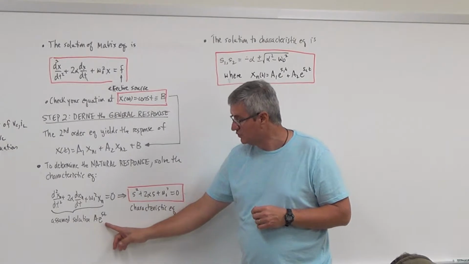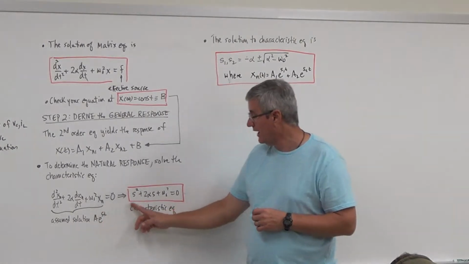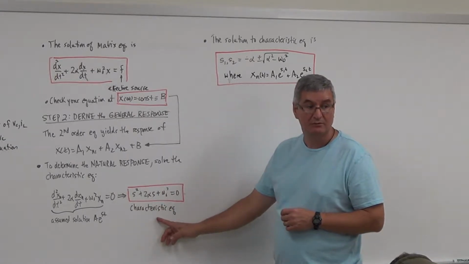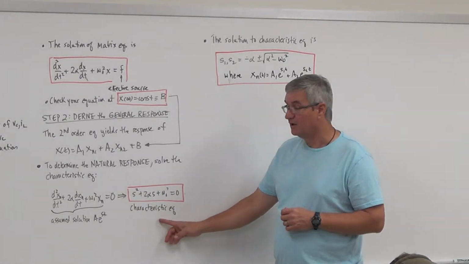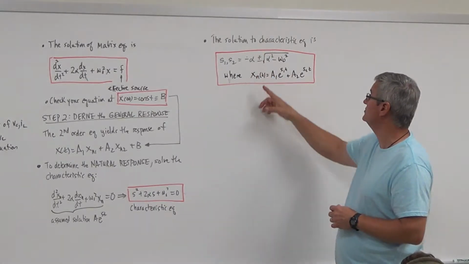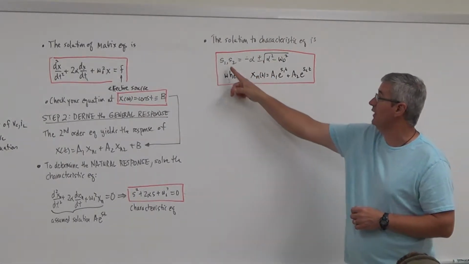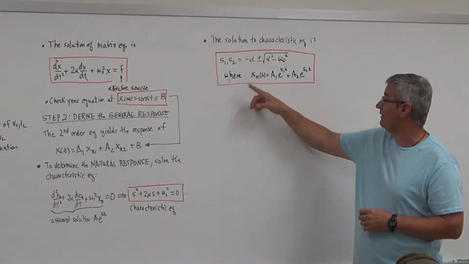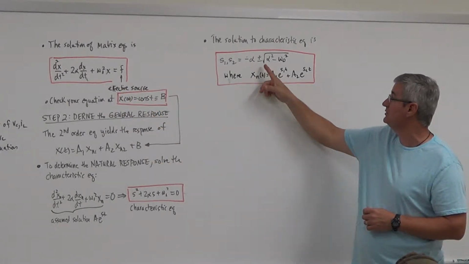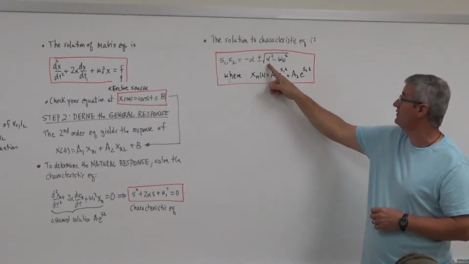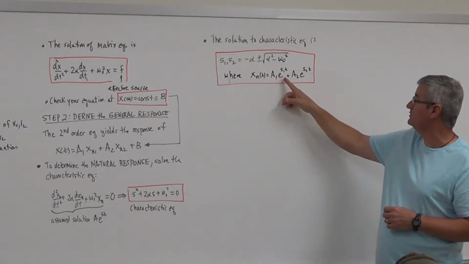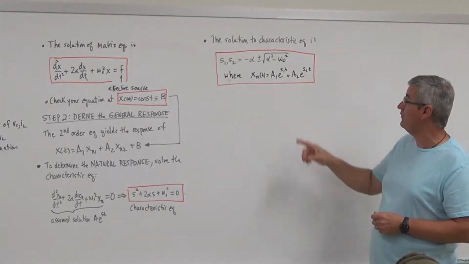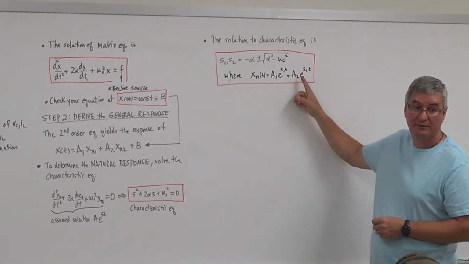And then I assume a solution of this form. When I do that, I end up having to solve this quadratic equation. This is what we call the characteristic equation. Then I get the solutions and they look like this. S1 and S2 are the solutions to this equation for the homogeneous solution. I get S1 and S2 and plug them into this. So my job right now is to go figure out what S1 and S2 are.